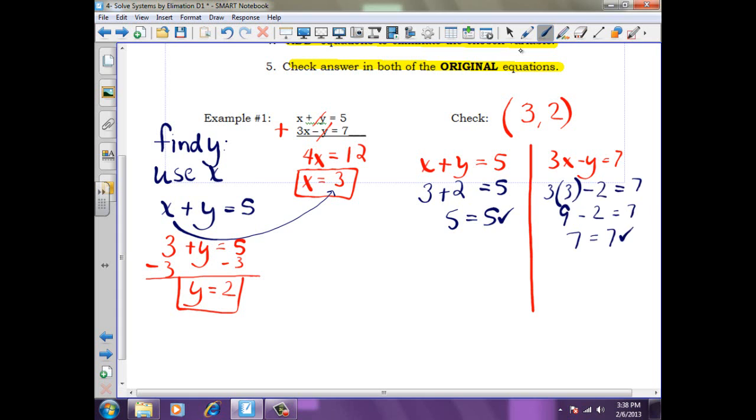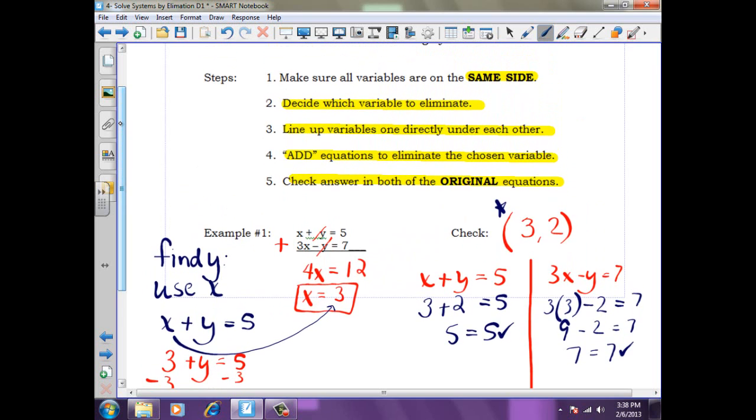Therefore, this is considered a solution to this system of equations. So, it is somewhat different from our graphing lines. In graphing, we had to get it into y equals mx plus b, but in this way of solving systems, we want both variables on the same side.